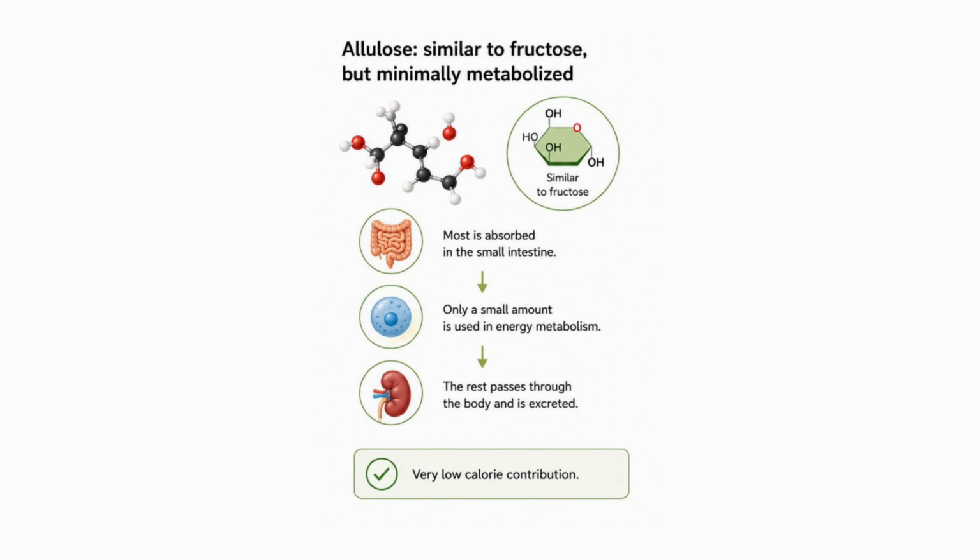A similar situation occurs with allulose. Chemically, allulose is very similar to fructose, but a small difference in molecular structure dramatically changes the way it is metabolized. Most allulose is absorbed in the small intestine, but only a limited amount participates in energy metabolism. Because of this, a large portion of allulose passes through the body without making a meaningful contribution to energy production and is eventually excreted.